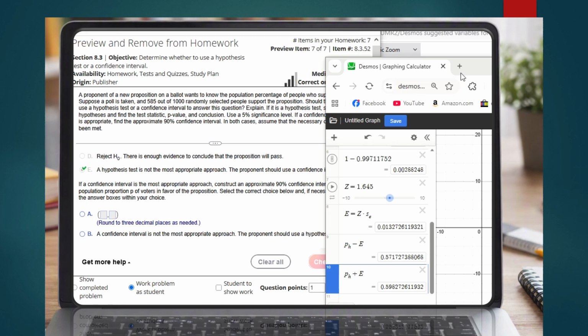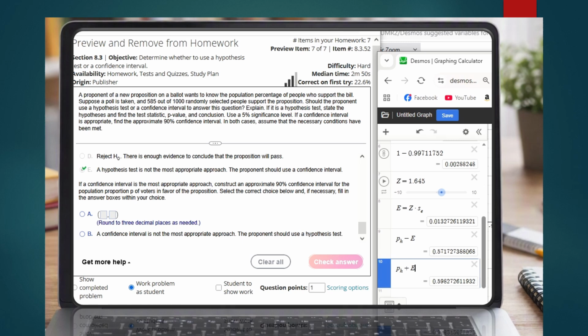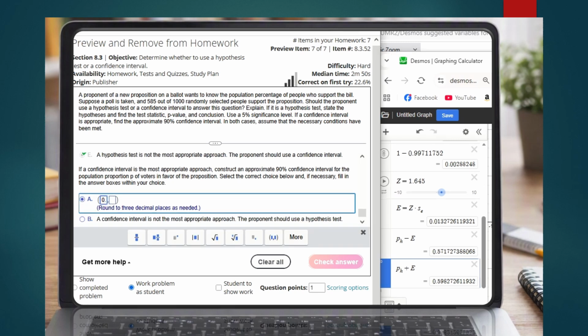So there we go. We need to type in our lower value, which is 0.5717. Rounded to 3 decimal places, it would be 0.572. And the upper would be 0.5982.